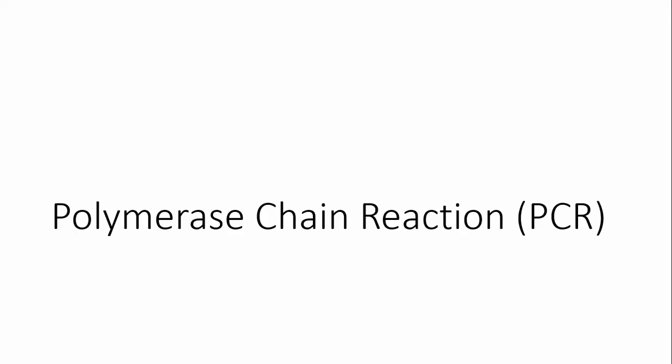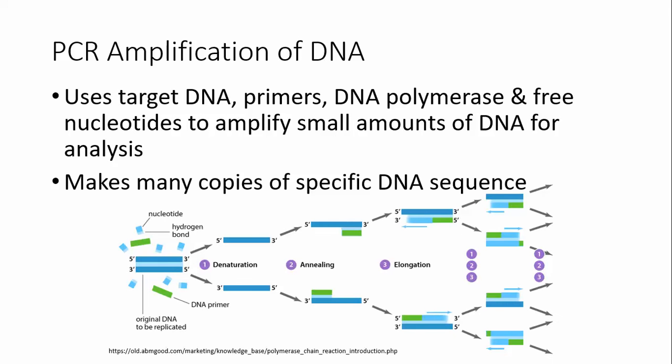So let's talk about the next type of biotechnology, polymerase chain reaction, or PCR. And it's a really big shame that we were not able to have class this year, because I have PCR machines that we were able to acquire, and it was really cool to be able to use these. So what PCR is used for is to amplify small samples of DNA.